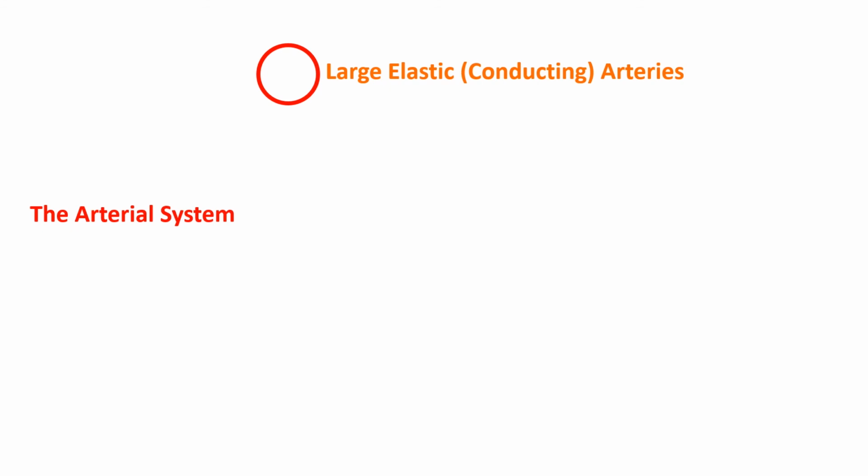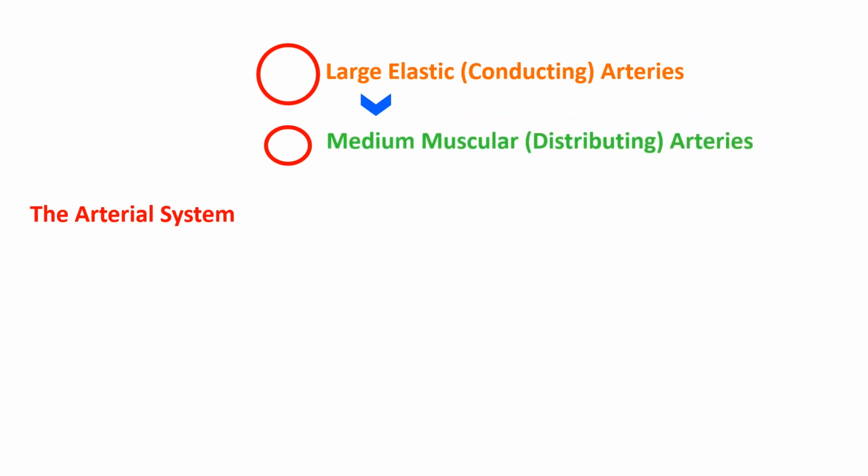Then these arteries will branch into smaller ones as they go along, and these are called medium-sized arteries, and they usually have smooth muscular tissue in tunica media, and they are distributing arteries, not conducting.